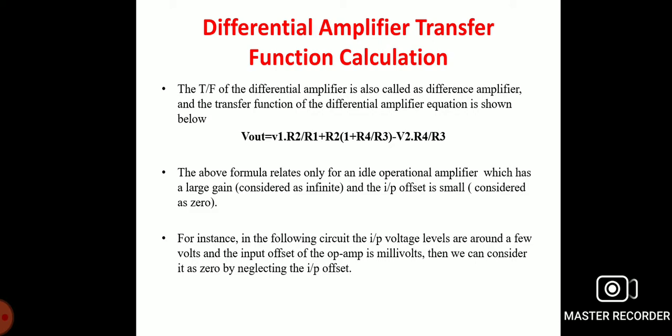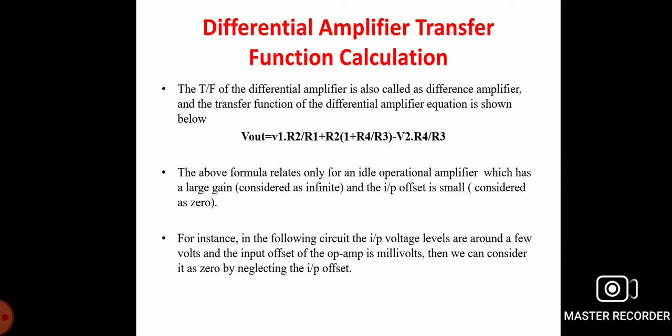So here the equation: V out, that is the output voltage, is equal to input voltage V1 into R2 divided by R1 plus R2, into 1 plus R4 by R3, minus V2, the second input, into R2 divided by R1.